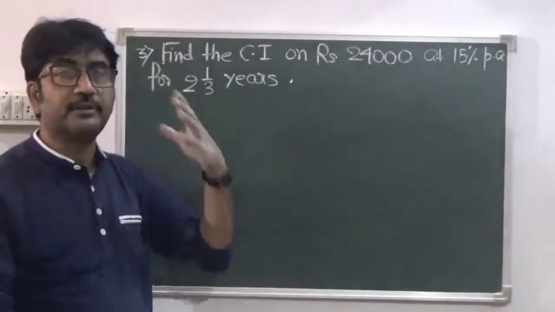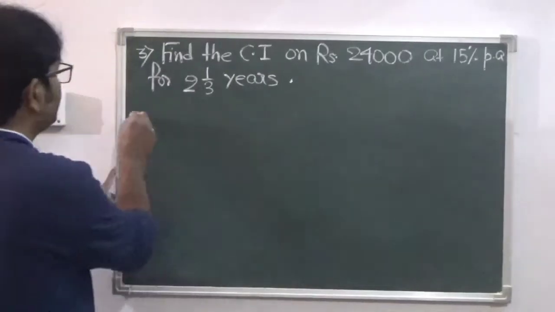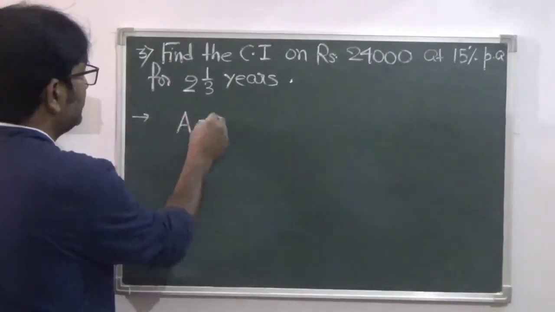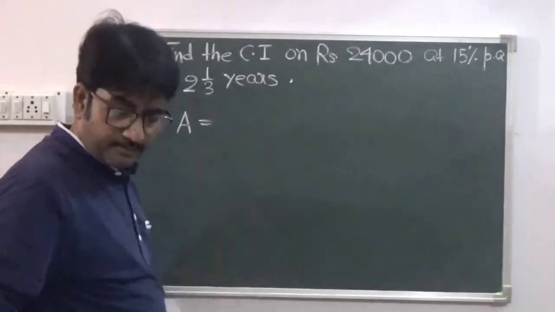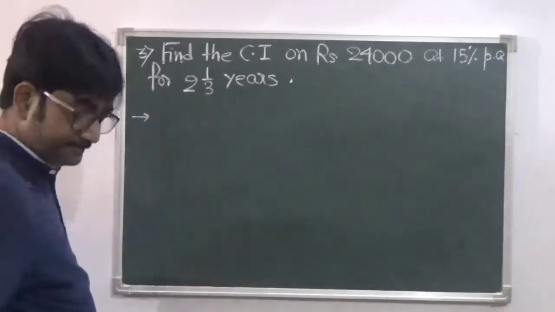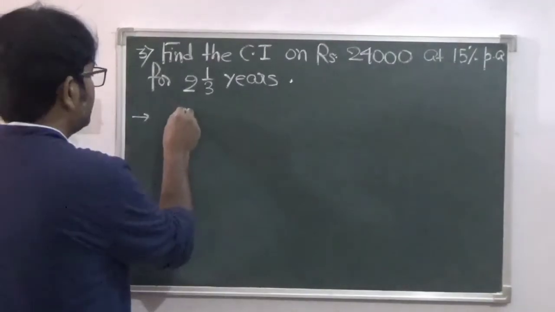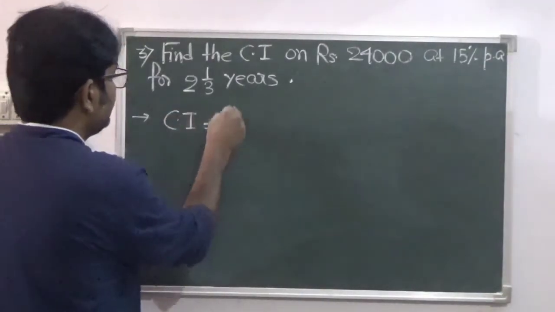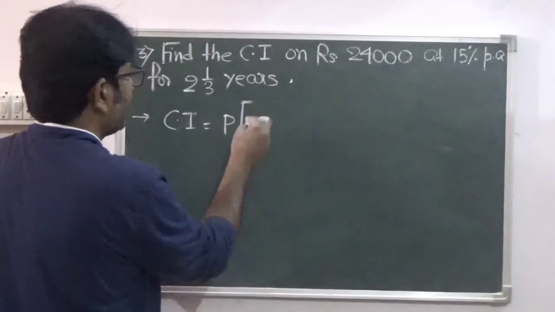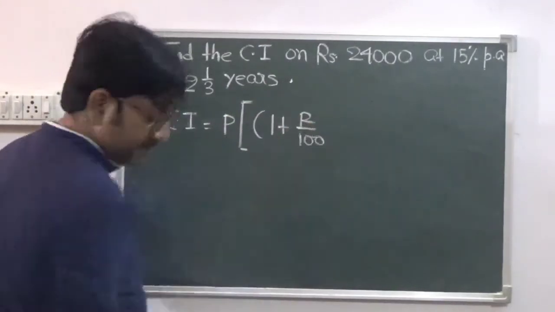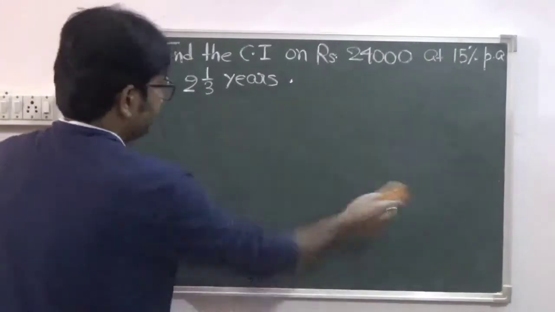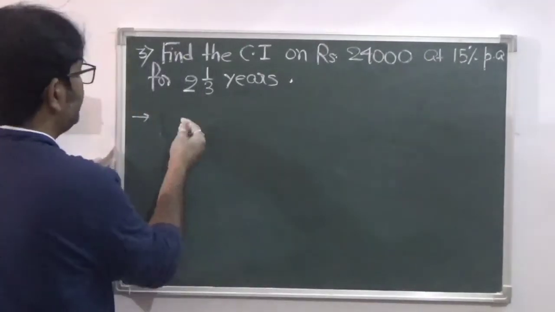There we use a different formula. Amount is given by, or you can directly apply the formula for the compound interest. So let us do that only. Wait, I think we use the formula for amount only.